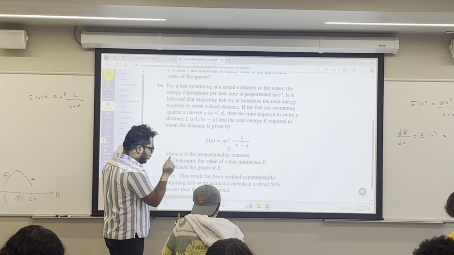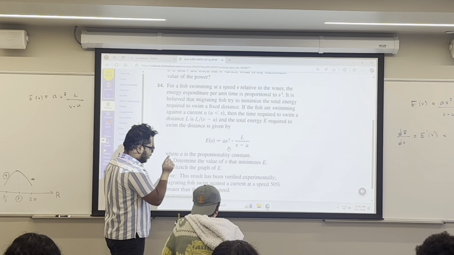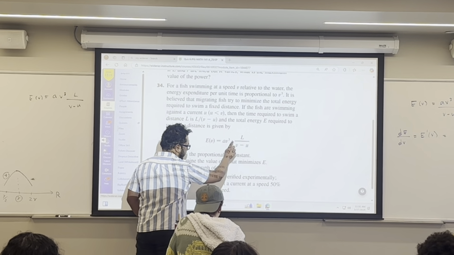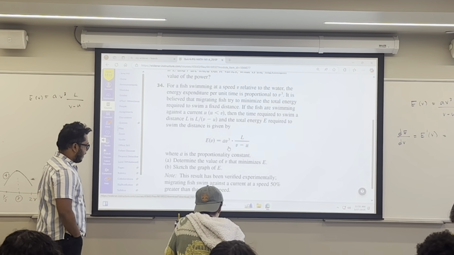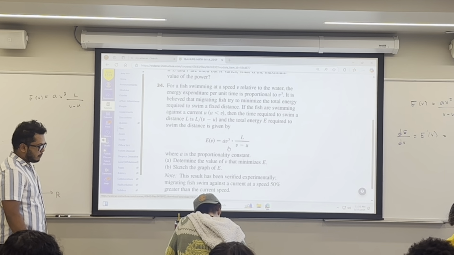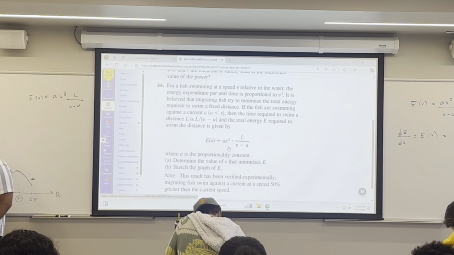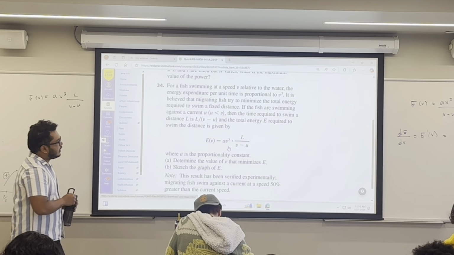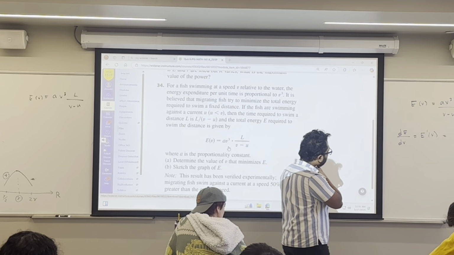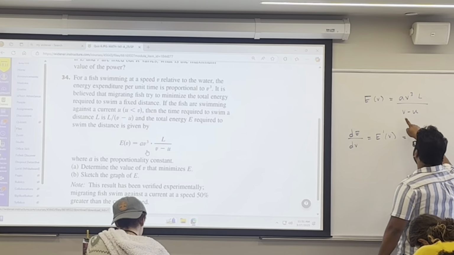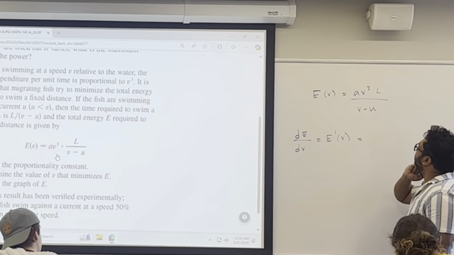What is the minimum velocity that the fish needs to use to travel this distance L? Can we take the derivative? It's again the quotient rule, because we have v there and here.